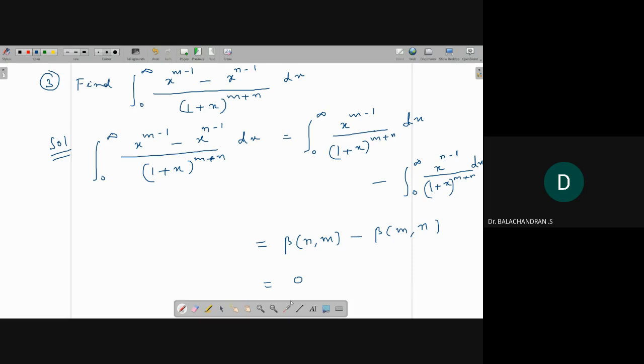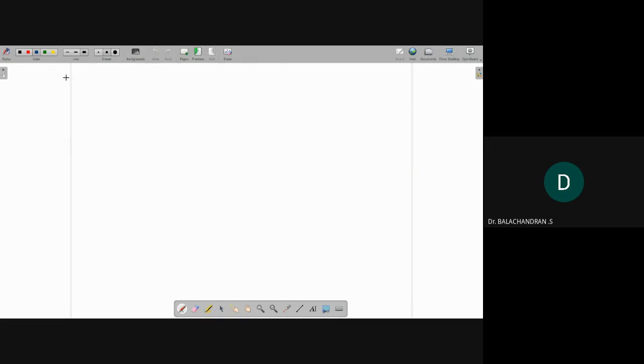We go to the next problem. Prove that beta of m comma n equal to integral.